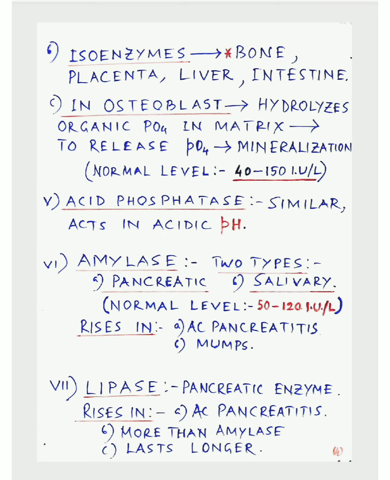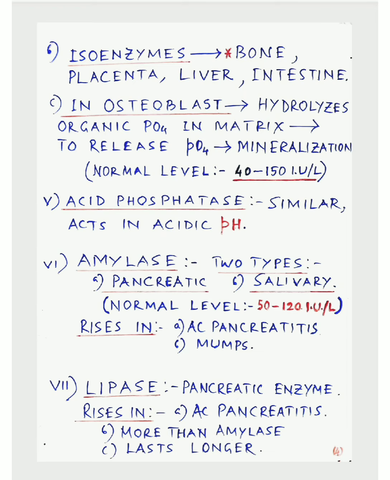So from your common sense, in obstructive liver diseases, obstruction to the flow of bile is commonly due to gallstones obstructing the common bile duct and carcinoma of the head of the pancreas. This causes a rise in alkaline phosphatase level at least 3 to 4 times the normal level. In hepatocellular damage, it rises much less. Similarly, alkaline phosphatase also rises in bone diseases such as rickets, osteomalacia, Paget's disease or cancers of the bone.